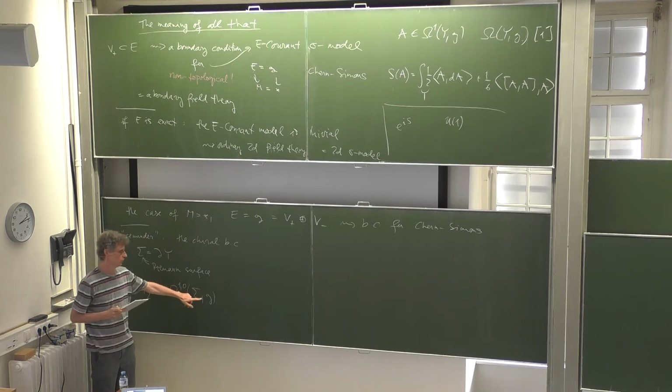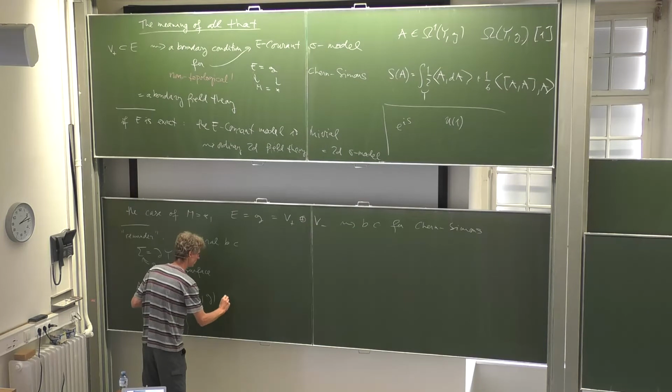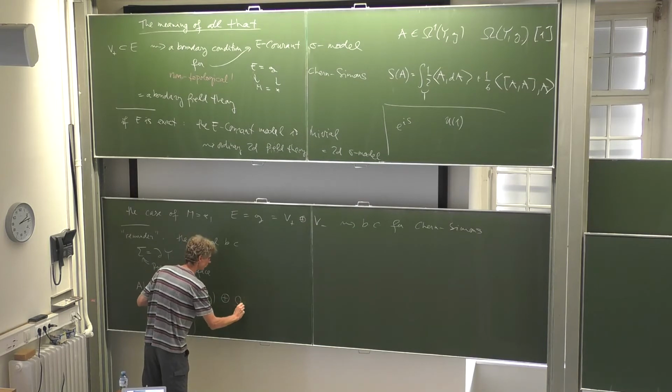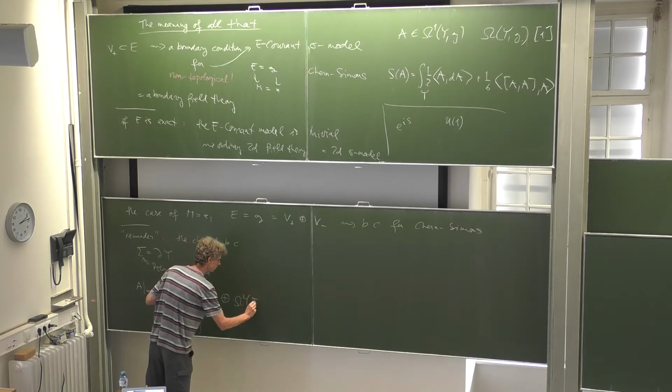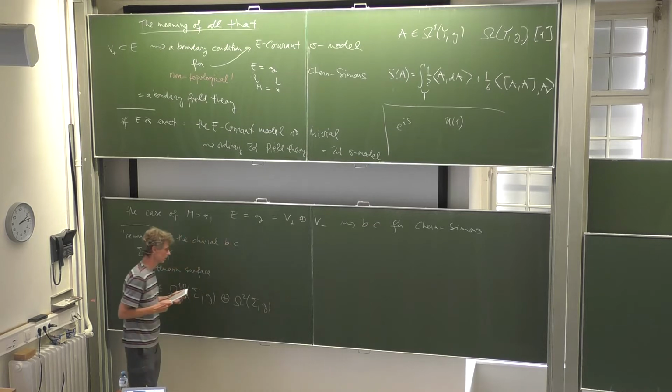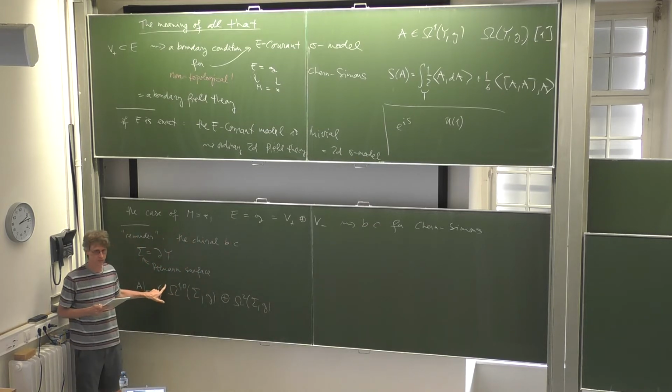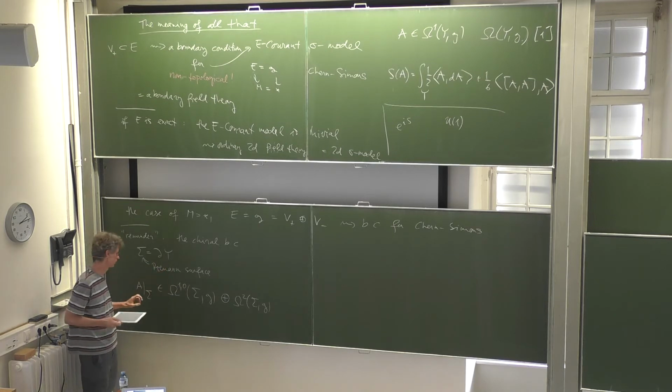And if you're talking about this in the BV language, then there might also be a two-form part, Ω²(Σ, 𝔤). The fact that there is no zero-form part corresponds to the fact that there are no gauge transformations anymore. Zero-forms are ghosts, so we just declare there are no ghosts, which corresponds to the fact that this boundary condition kills a gauge symmetry on the boundary. Just some kind of statement.